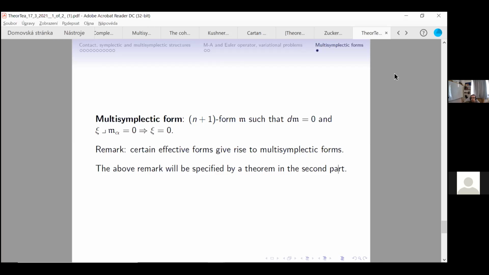So once you know an element in this class, you can generate the whole set of solutions in this class by applying multisymplectic transformations. But frankly speaking, I'm not that far in this context. I only know that it might be useful. I can recommend papers which are dealing with this.